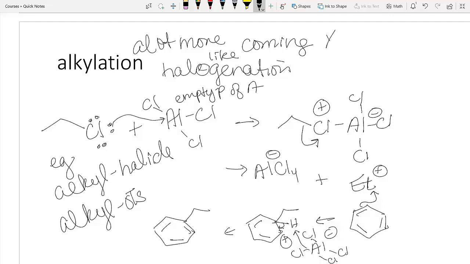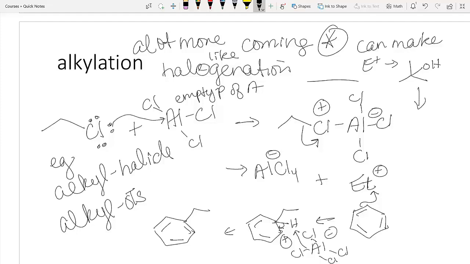There's a lot more to the story, and we'll talk about alkylation separately. In alkylation, there's another thing we can see: you can make the electrophile some other way that we've learned before. For instance, when we have tert-butyl alcohol, if you add an acid, you can make it become a good leaving group.